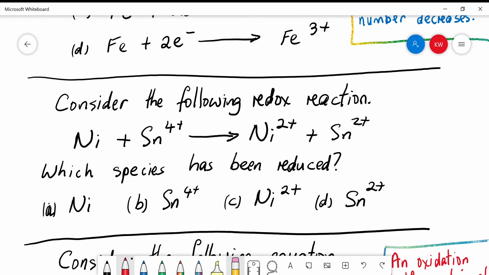We started with a 0 and we end up with a 2 plus. So this is oxidation because we have an increase in oxidation number. We start with a 4 plus and end up with a 2 plus. This is a reduction. So which species has been reduced? We found out that this one has been reduced. So this would have been the correct answer.